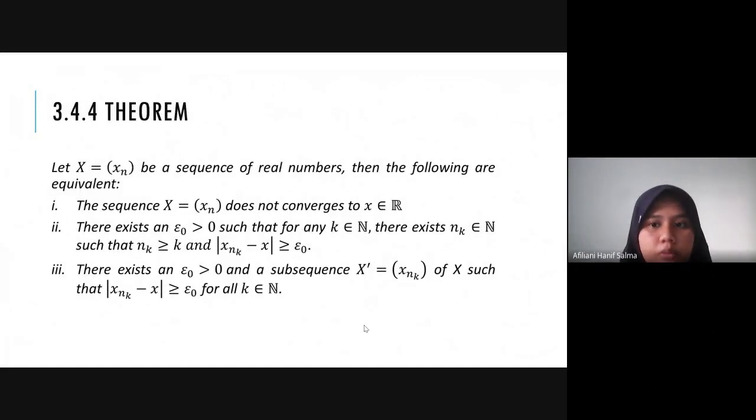Next, Theorem 3.4.4. The theorem says: let X = (x_n) be a sequence of real numbers. Then the following are equivalent.